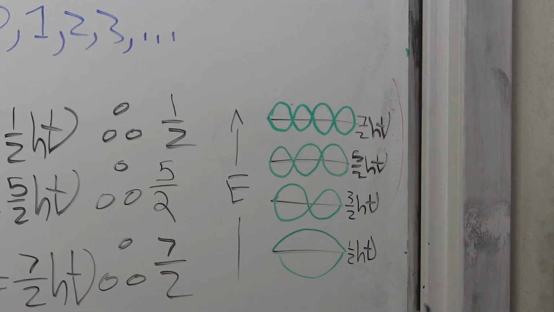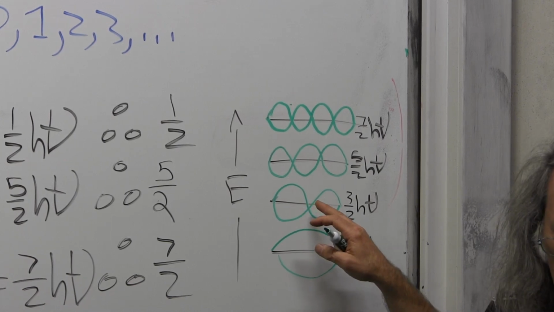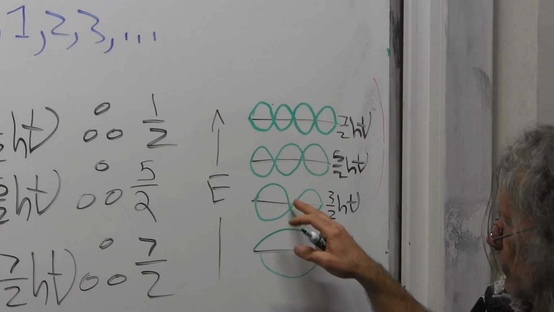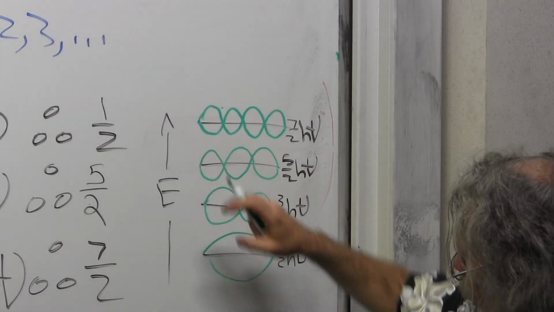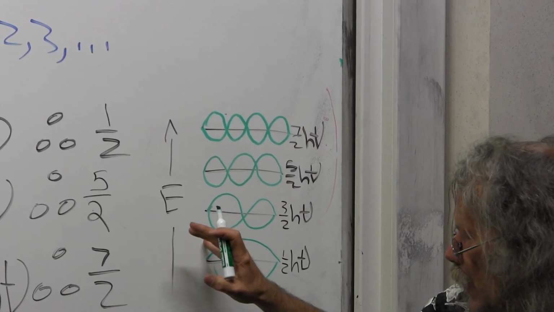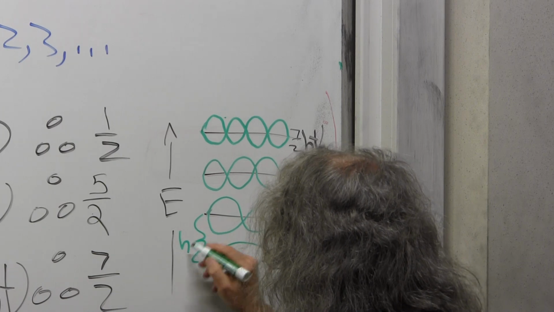This would be like my guitar string, plucking the open string. This would be pushing down, this would be the first octave above it, 2 octaves above it, 3 octaves above it. They're all separated in energy by h. The difference in energy here in each case is Planck's constant.